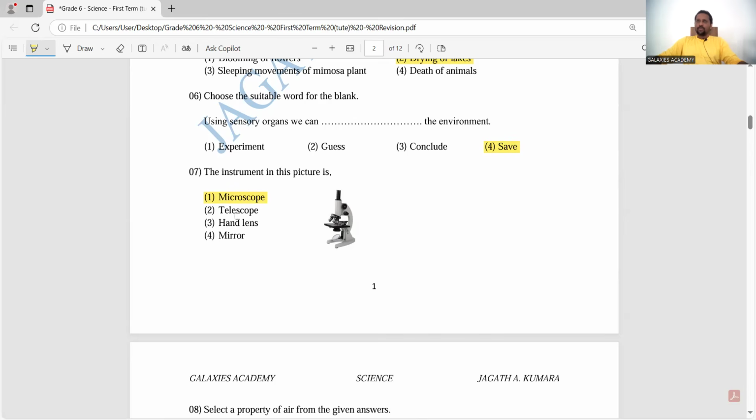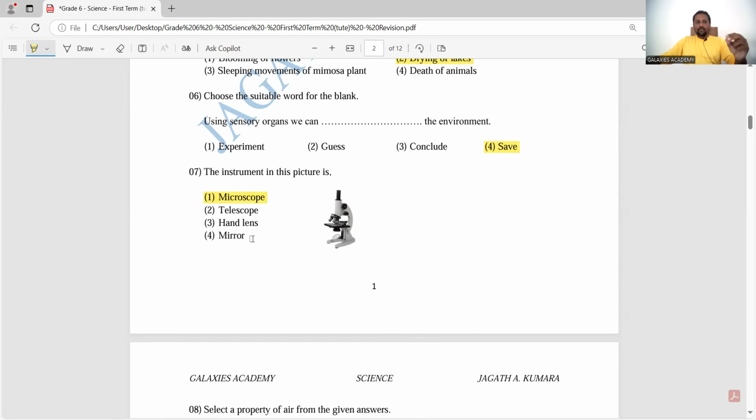Telescope we can use to observe far away objects, like the objects in the sky, right? Planets, to observe stars, right? To observe the moon, right? Like those objects, to observe, we can use the telescope. Then also hand lens we can use to magnify.